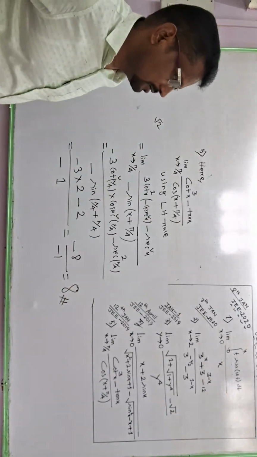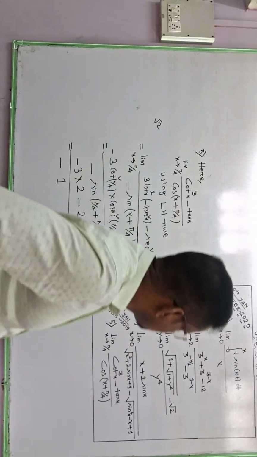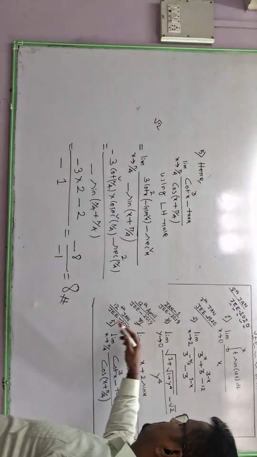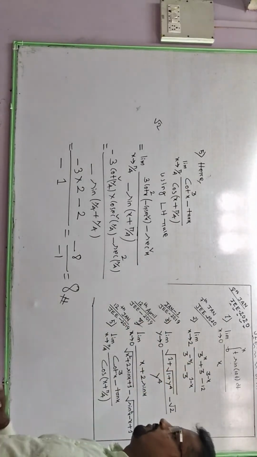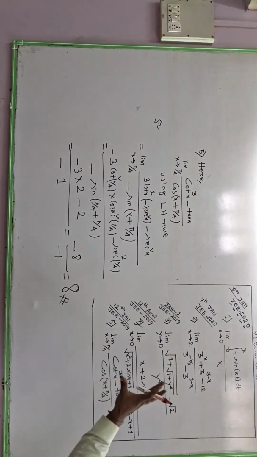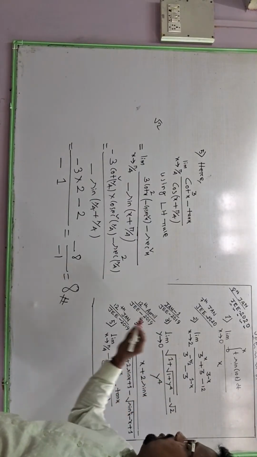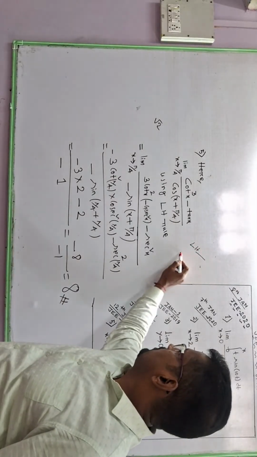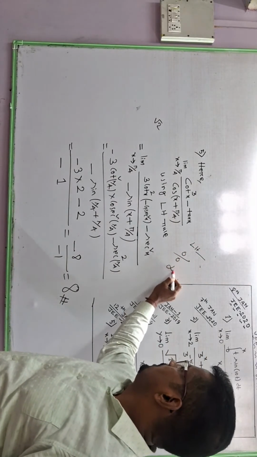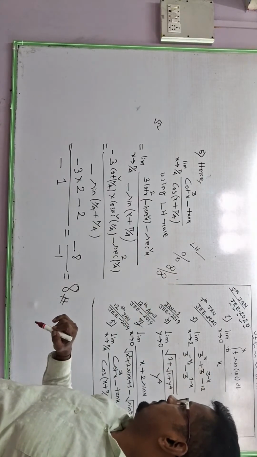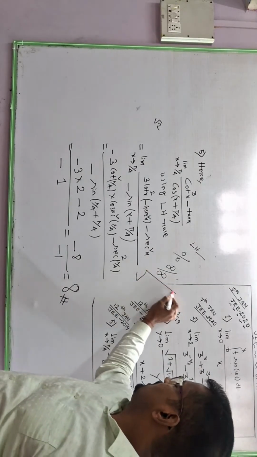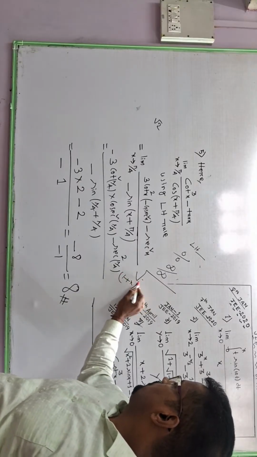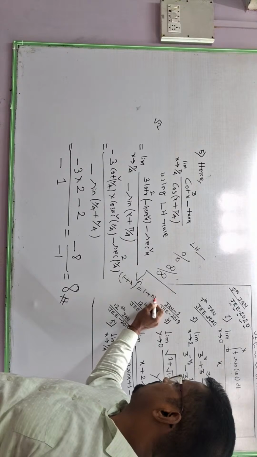So we have discussed all these previous year questions, how to find the limit we generally asked in JEE Mains, and most importantly how to use L'Hospital's rule. It can be used if it is 0 by 0 form or infinity by infinity form, and if you see the radical sign then you can use 1 plus x whole to the power n is directly equal to 1 plus nx.